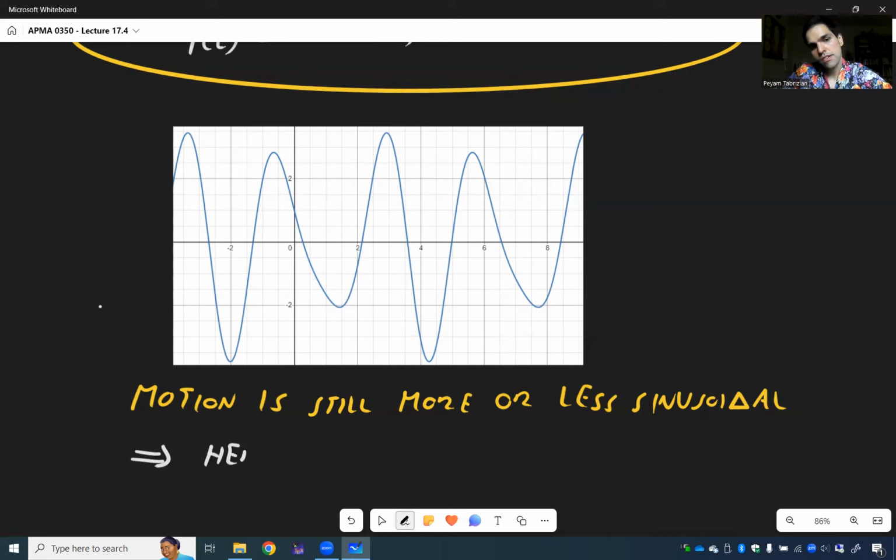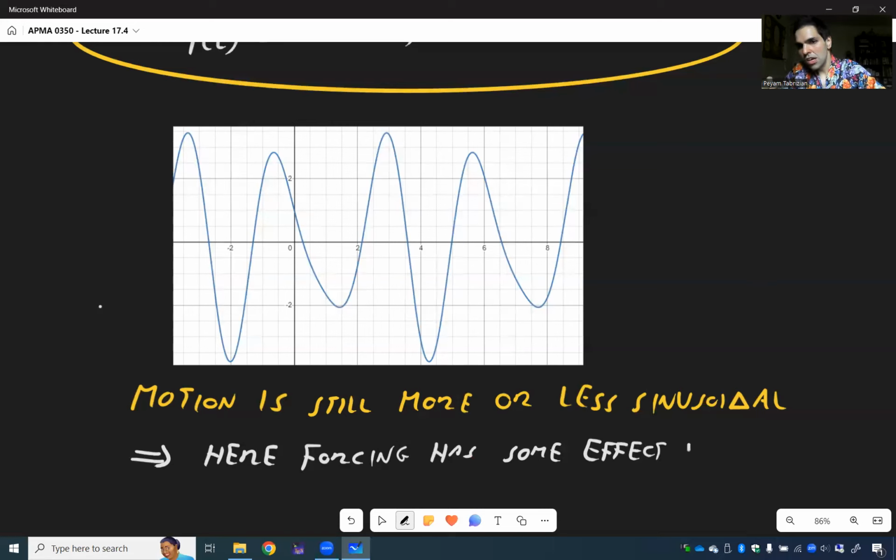So here, forcing has some effect, but not too much of an effect.